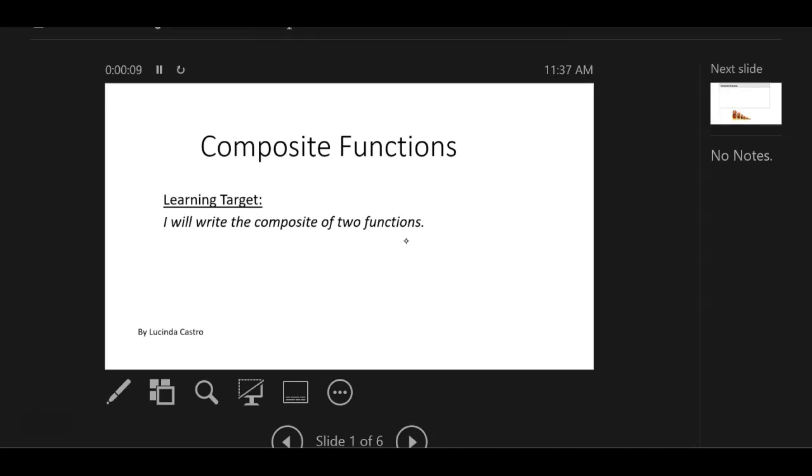Our goal is that we're going to be able to write the composite of two functions. Do y'all know what composite means? I think you may have heard this in like science, like composite rock or something. I don't know. Okay, let's find out.